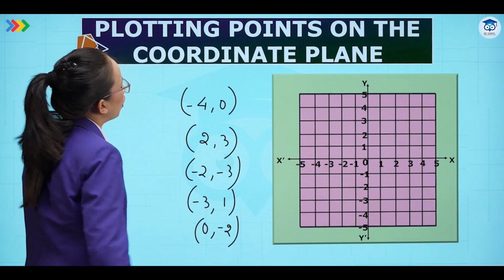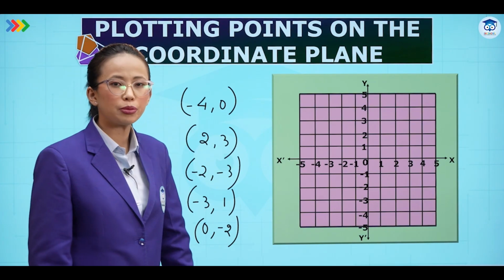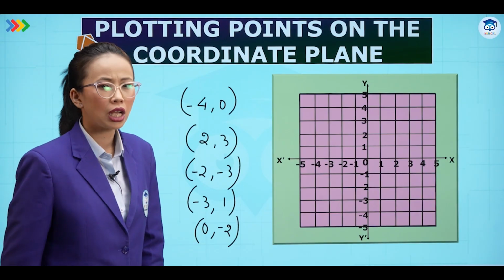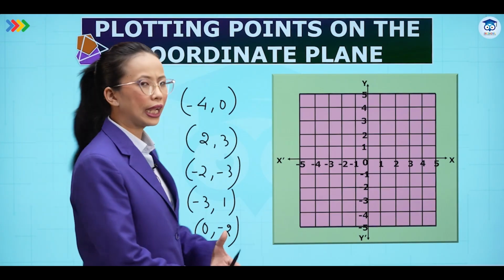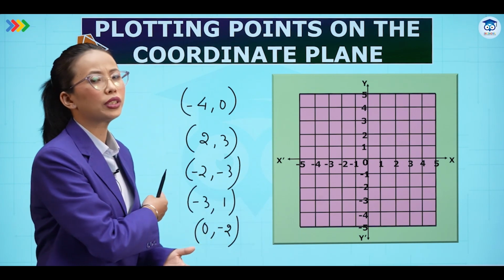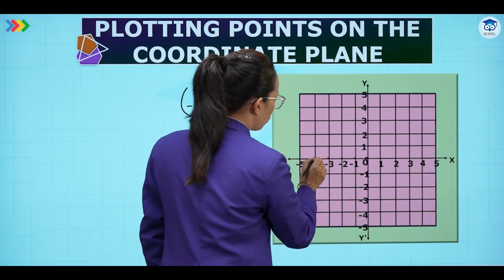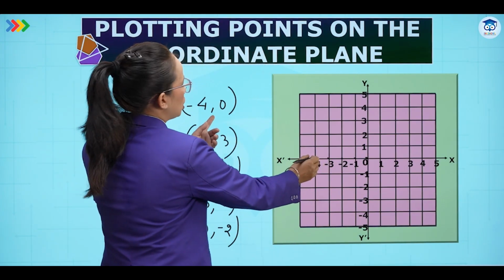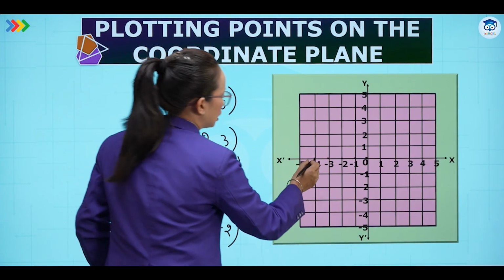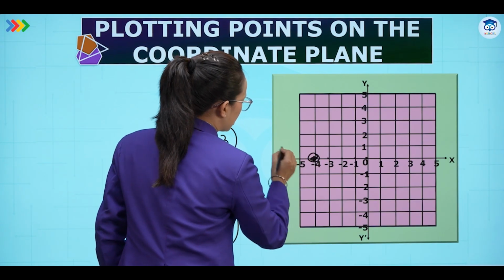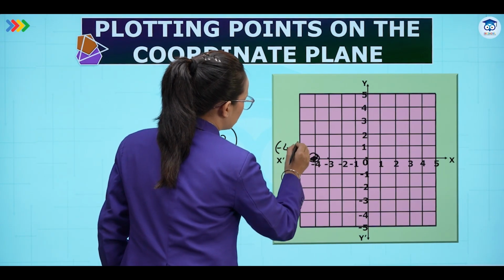So these are the few points. Now the first point is -4, 0. So -4 is negative, so we will go 4 steps toward the left side. So 1, 2, 3, 4. And then 0, we are not going anywhere. So this is the point which represents -4, 0.